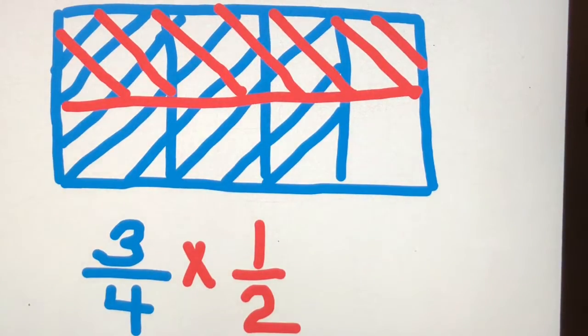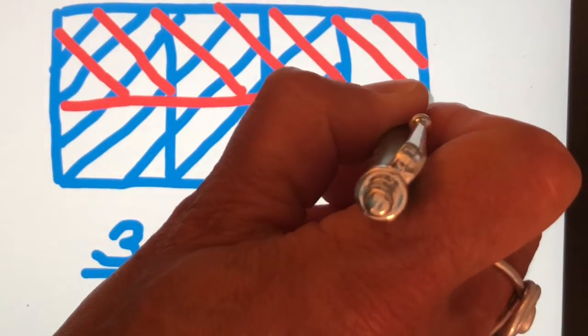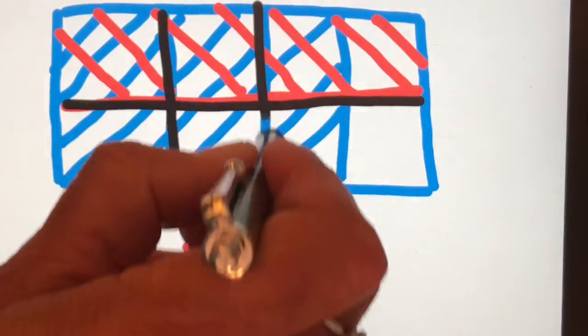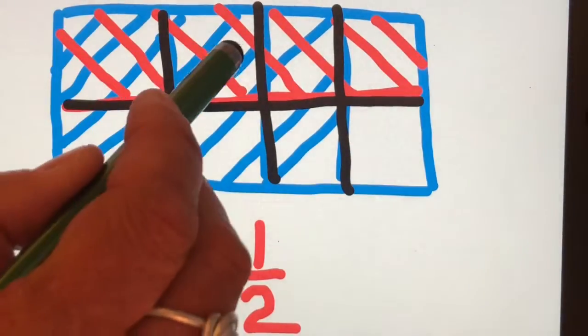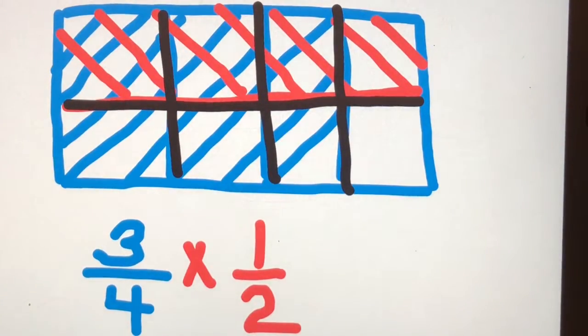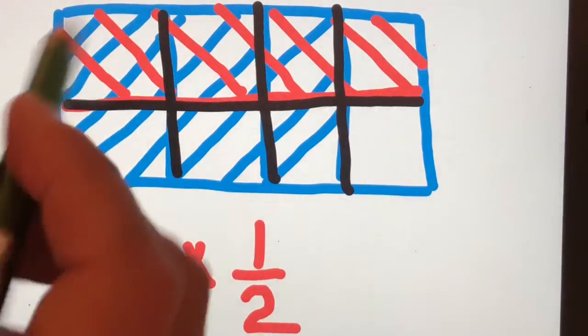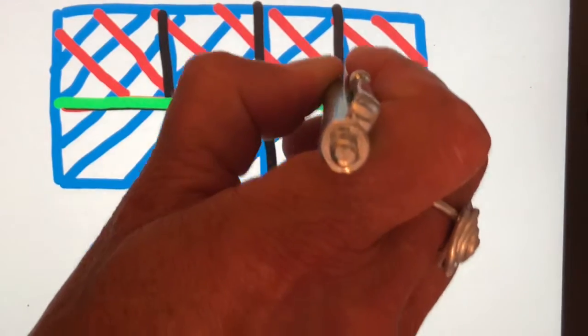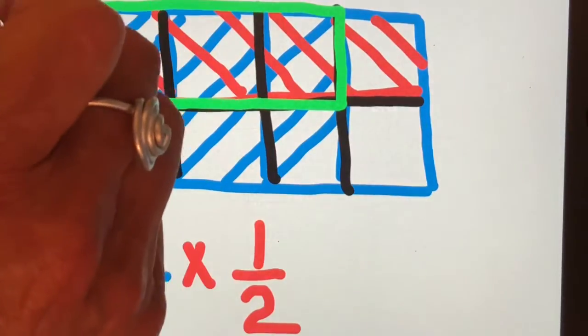Now, I need to notice that now that I have divided my area model in 2 different directions, I have more pieces. My unit size has changed. I now have a unit size of 1, 2, 3, 4, 5, 6, 7, 8. So I need to figure out how many out of those 8 I have shaded with both colors. And so I'm going to again change my color, and I'm going to box in the part that has both red and blue.